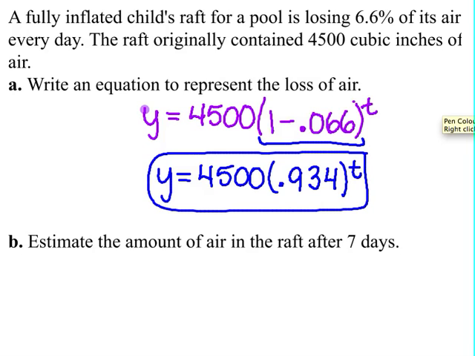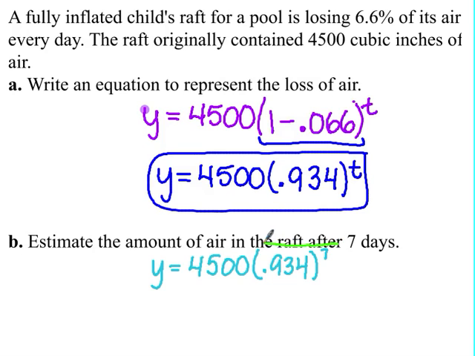So in the next part it said estimate the amount of air in the raft after 7 days. Where am I going to put the 7? In place of T, nice job. So 4,500 times 0.934 to the 7th power. Once again, you do your power first, 0.934 to the 7th, get your answer, and then take it times 4,500.